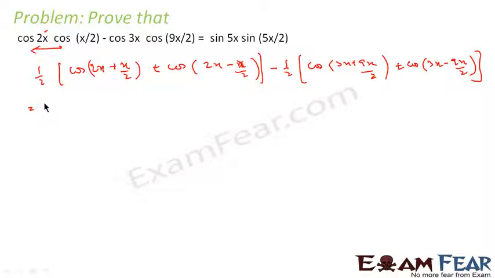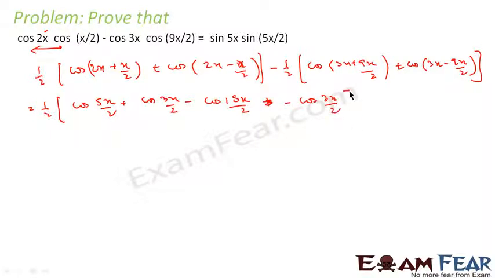So what we get here is 1 by 2, we will take it common. This becomes cos of 5x by 2 plus cos of 3x by 2 minus cos of 15x by 2, that is 6 plus 9, 15x by 2. This becomes plus, 6 minus 9, minus 3x by 2, so this becomes minus cos of 3x by 2.